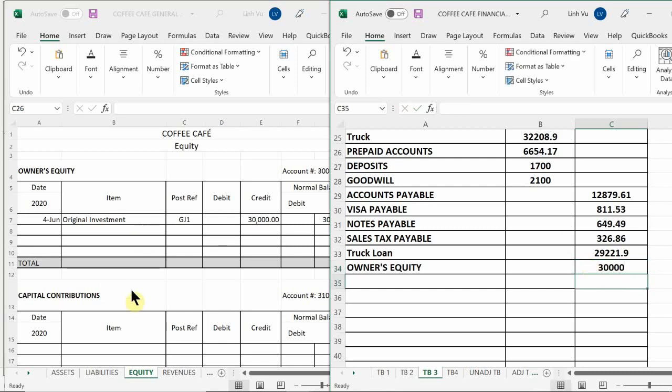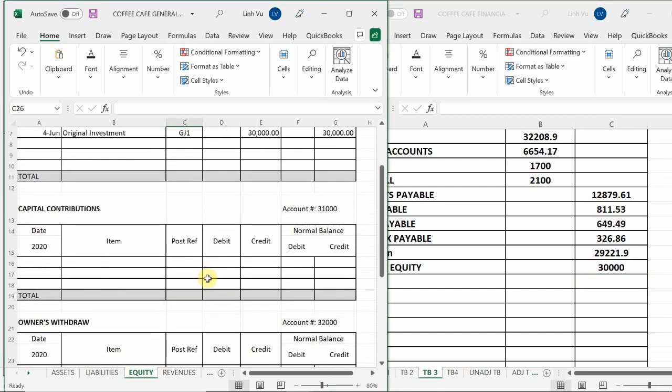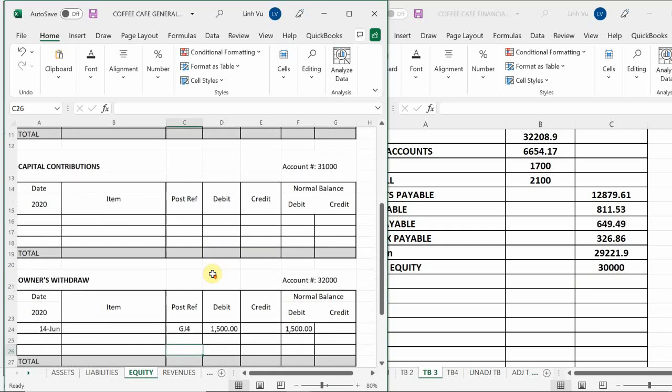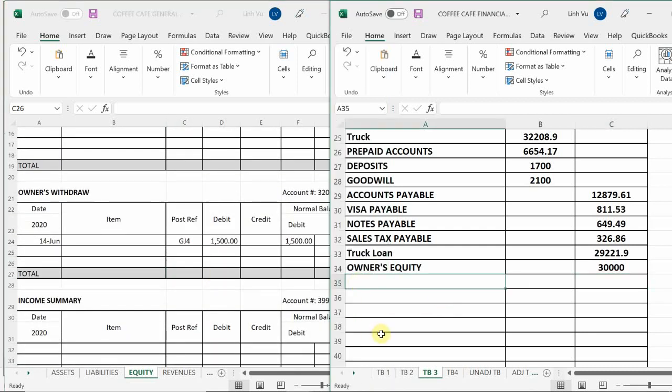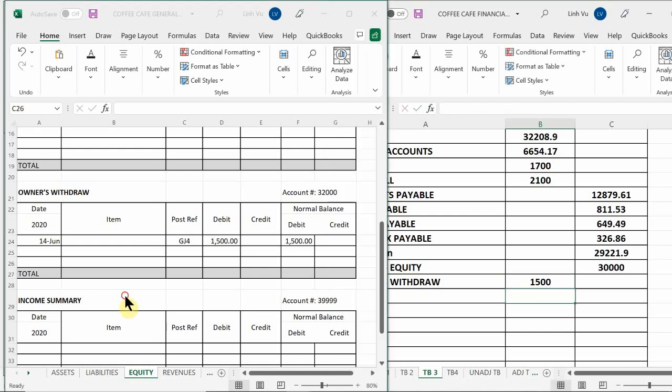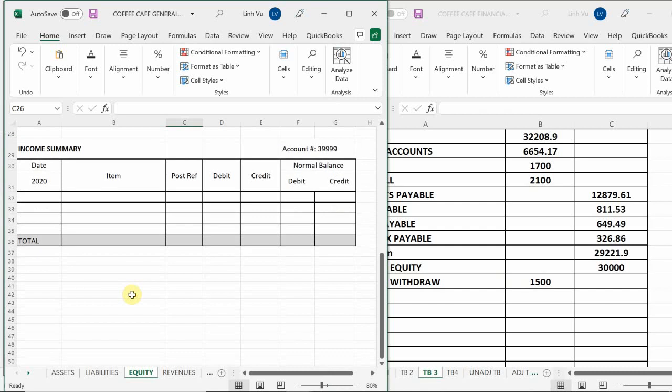Okay. No capital contributions, but we do have owner's withdrawal. For how much? 1,500. Okay. No income summary yet. That doesn't happen till the very end of the month.